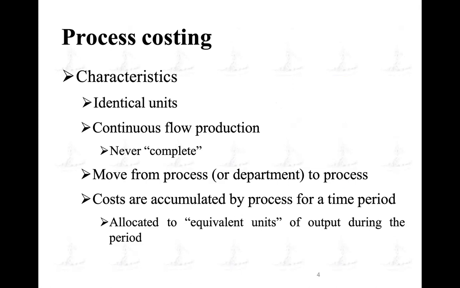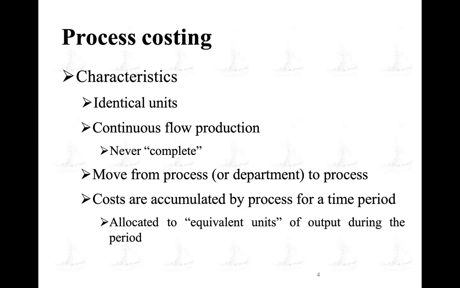Continuous flow production, never complete. That means when the flow production is there, let's say you have different departments. Now we are keeping accounts for the process. So process 1 will be happening in department A. Process 2 will be happening in department B. Likewise.